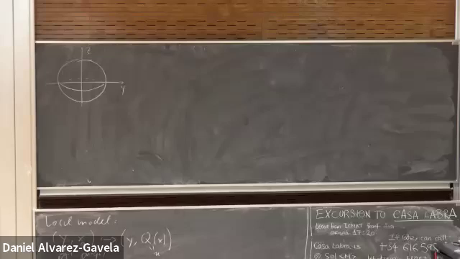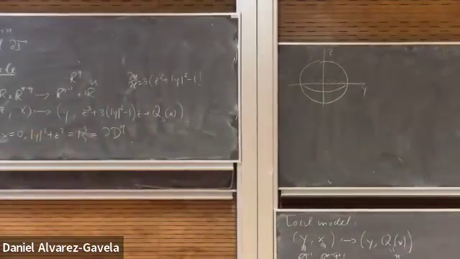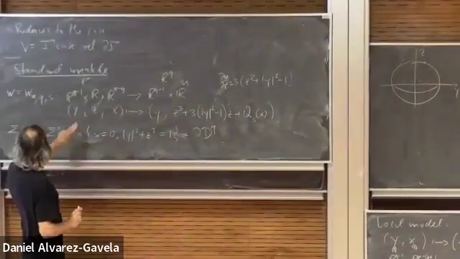Now this singular set has dimension q minus 1. So this is really the boundary of a q-dimensional disk, right? Because this is what?